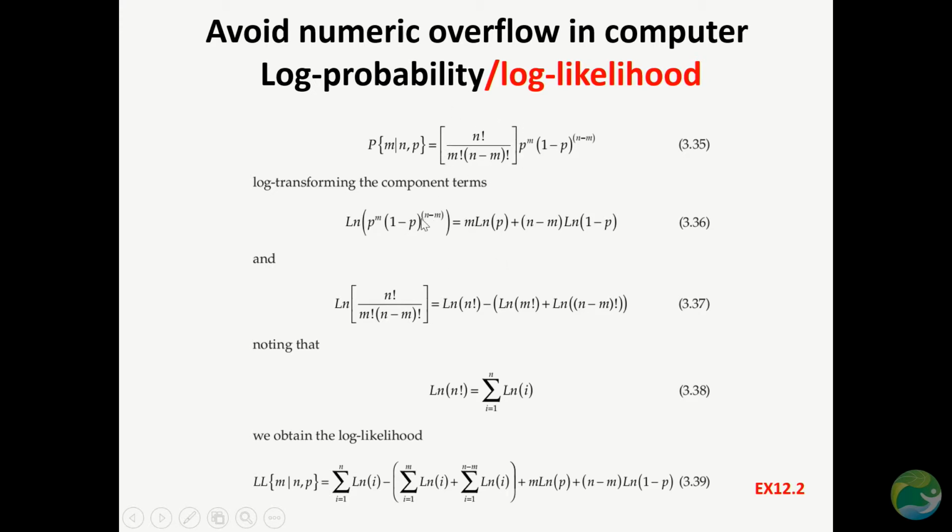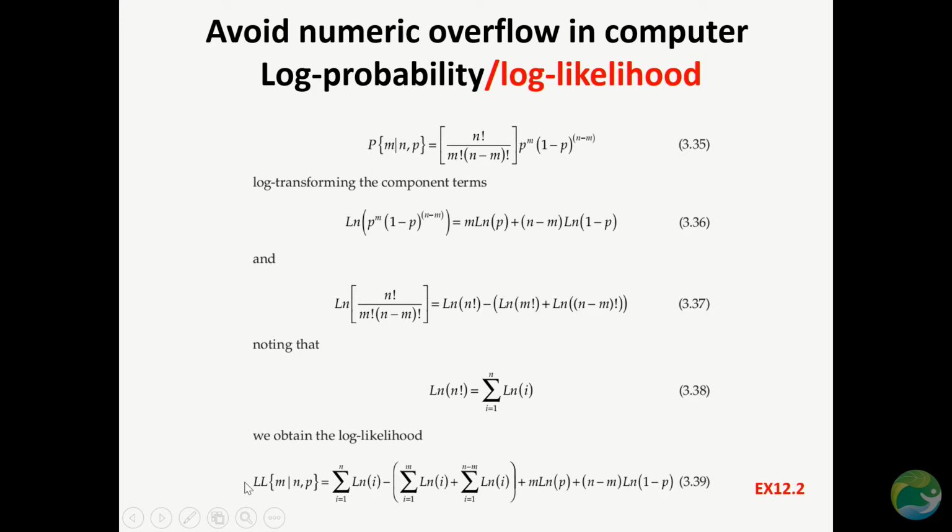This part, when we take a log, becomes this one. And the first part, when we take a log, becomes this one. And this factorial term, we can further separate into a summation. Put all this together, and it becomes like this.